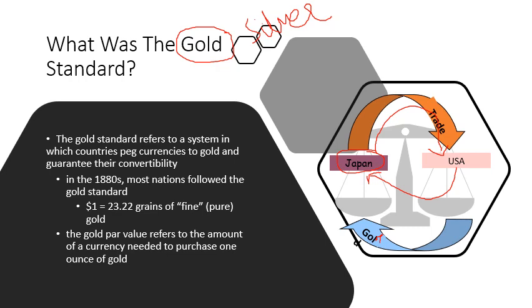As an example, the gold standard refers to a system in which countries peg currencies to gold and guarantee their convertibility.